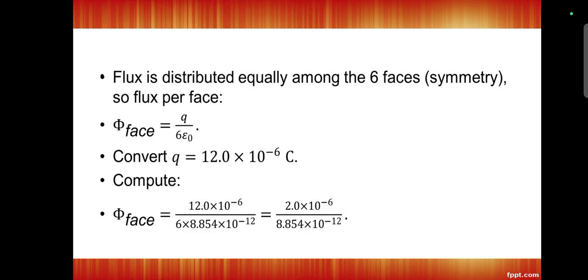Converting, Q is equal to 12 into 10 power minus 6 coulombs. Substituting this Q value and the epsilon naught value, the permittivity of free space, into the formula, flux per face is equal to Q divided by 6 epsilon naught.